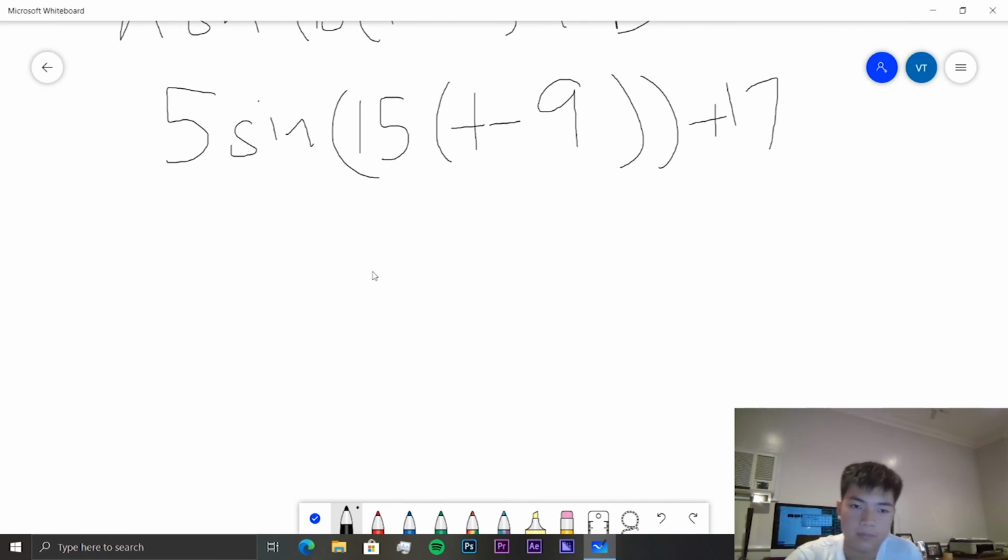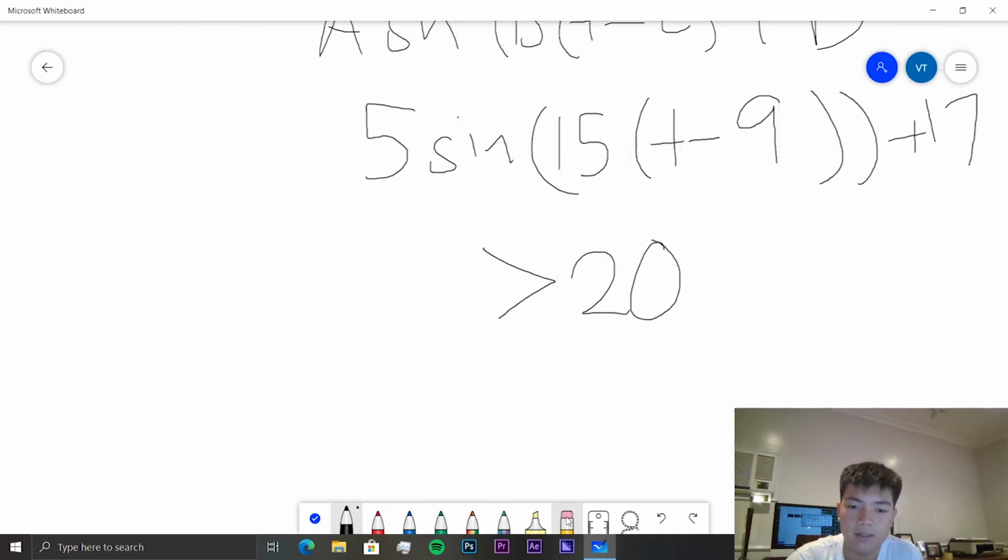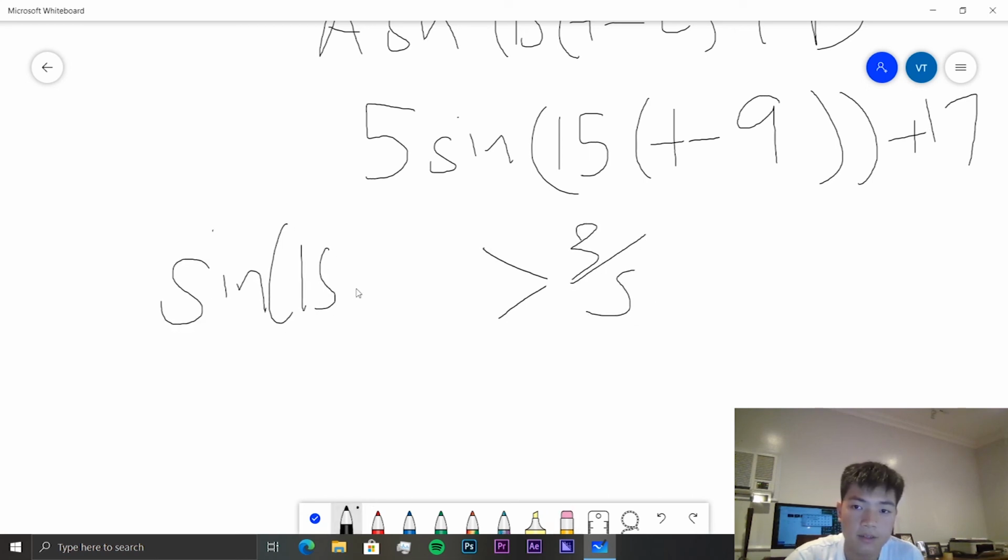So, actually let's simplify this a little. We can already subtract 17 from both sides, so we have 3 over 5 less than sine of 15 t minus 45.